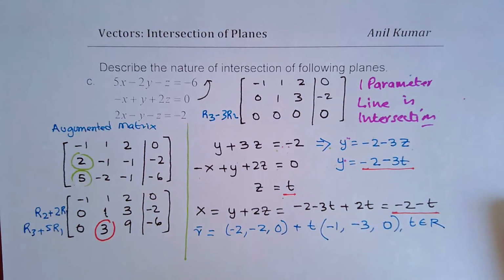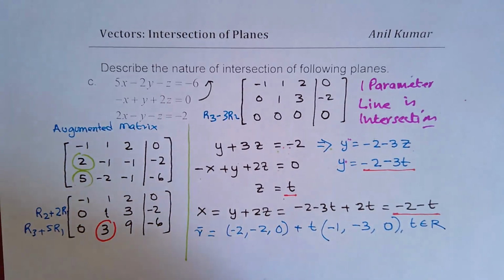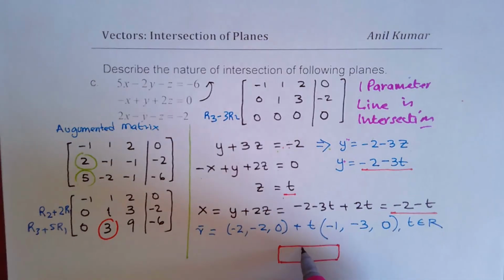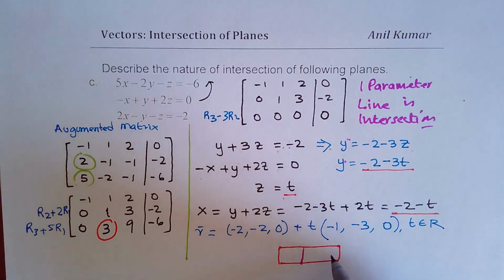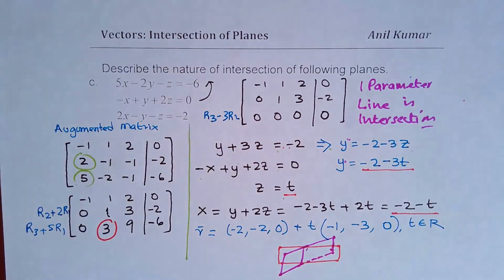So I hope the solution is absolutely clear. Actually sketch it. Sometimes that may be the requirement. This is one plane. The other plane actually intersects at this line, for example. So the plane could be sketched kind of like this. The third plane, which intersects at the same line, could be shown as kind of like this.